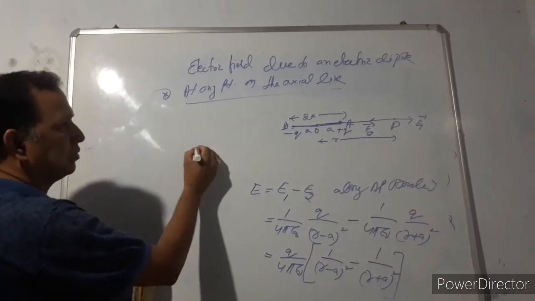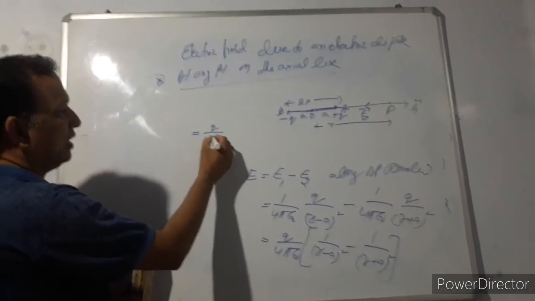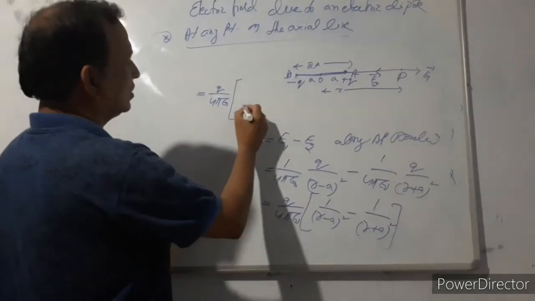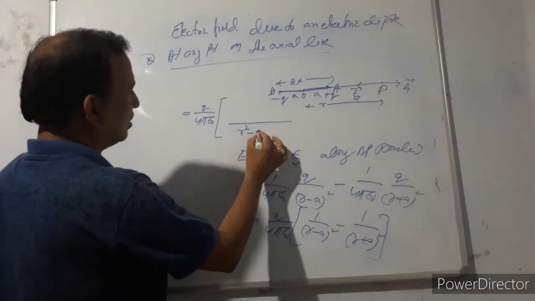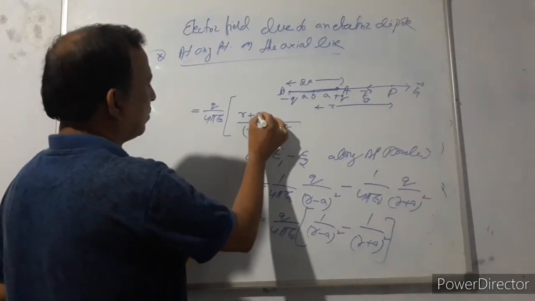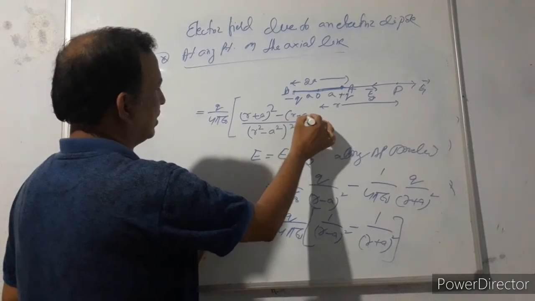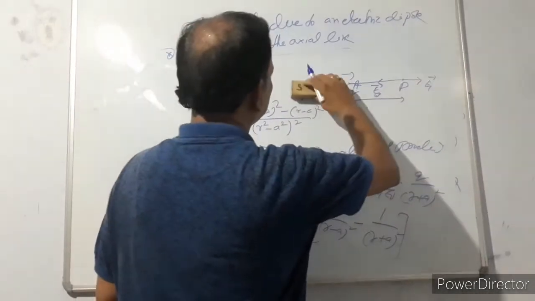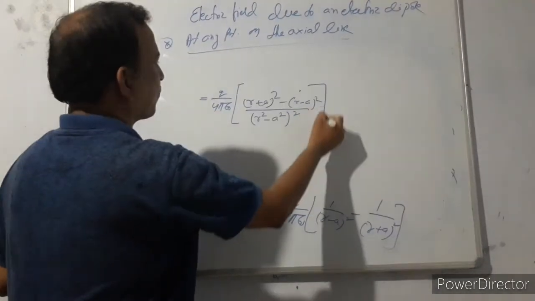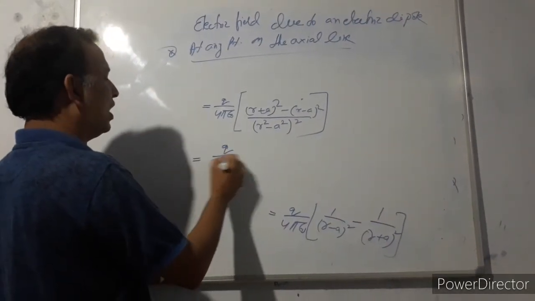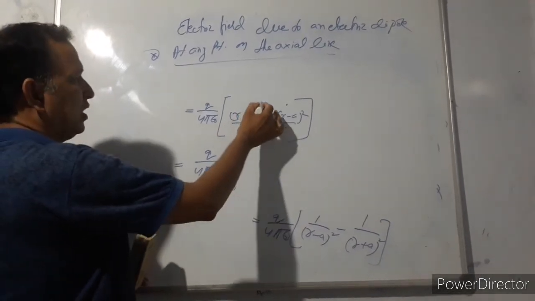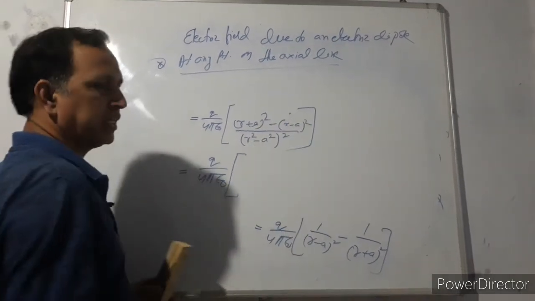That is equal to q by 4 pi epsilon naught, into r plus a whole square minus r minus a whole square, over r square minus a square whole square. Now a plus b whole square minus a minus b whole square is equal to 4ab.